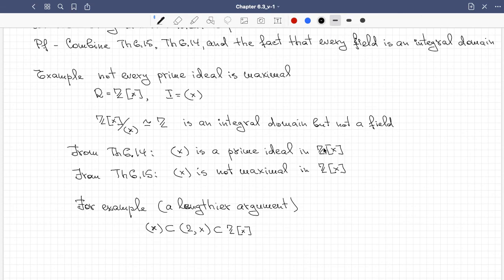Namely, we will return to the fundamental theorem of arithmetic, and we will see how it may fail in some rings and how it cannot be proved by the same method as we did in some other rings. Thank you for listening.